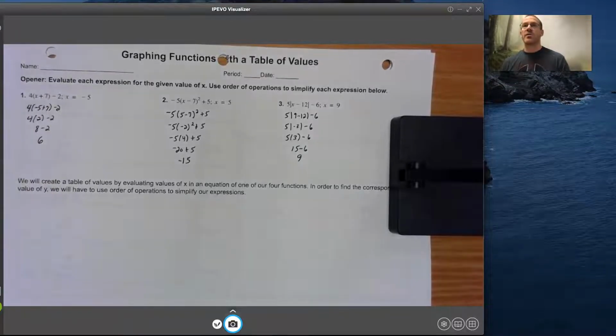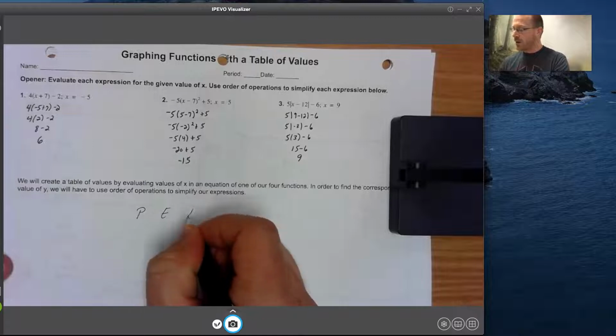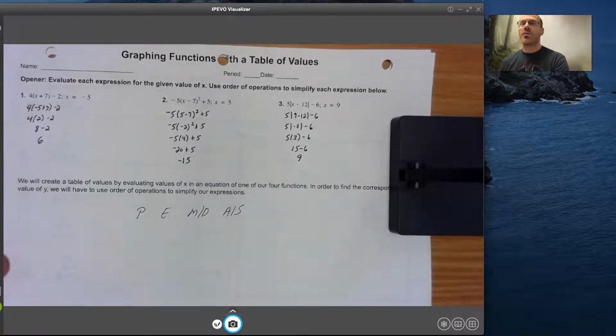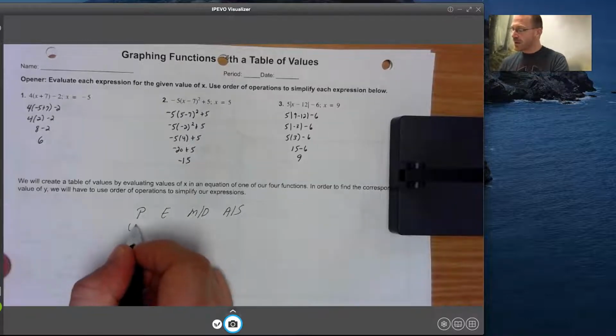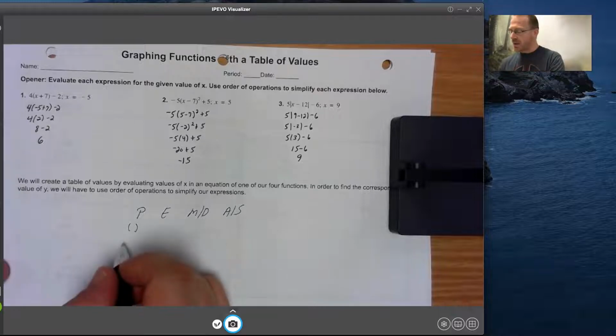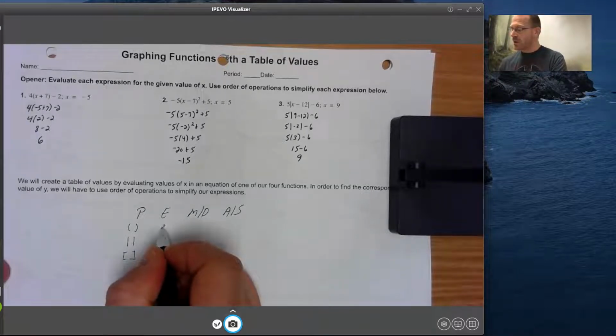Now, we want to use order of operations. For some of you, you may not remember order of operations, so let's go through a very quick reminder. P stands for parentheses. That also really encompasses all grouping symbols. That could be absolute value bars, it could be brackets. E stands for exponents. So when we have something squared or something cubed.